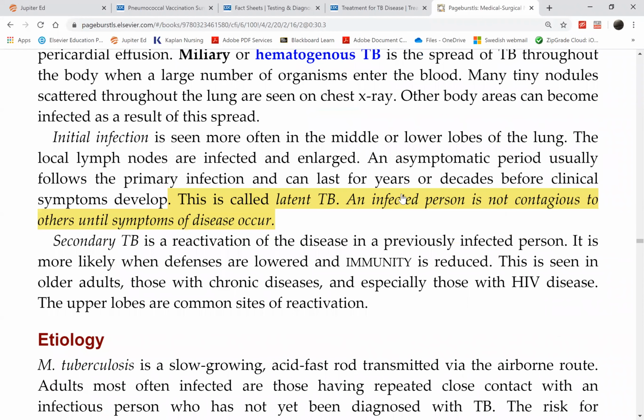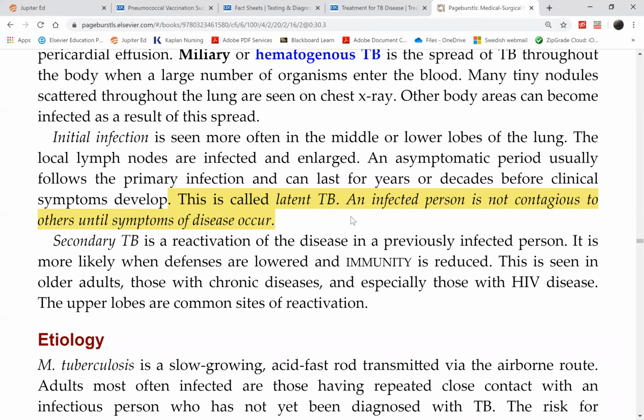As already mentioned, only 10% go on to develop active TB. So the rest of us, including me, actually, I had the latent form. Meaning I had TB, but I did not develop the disease. But that doesn't change the fact that I was exposed.